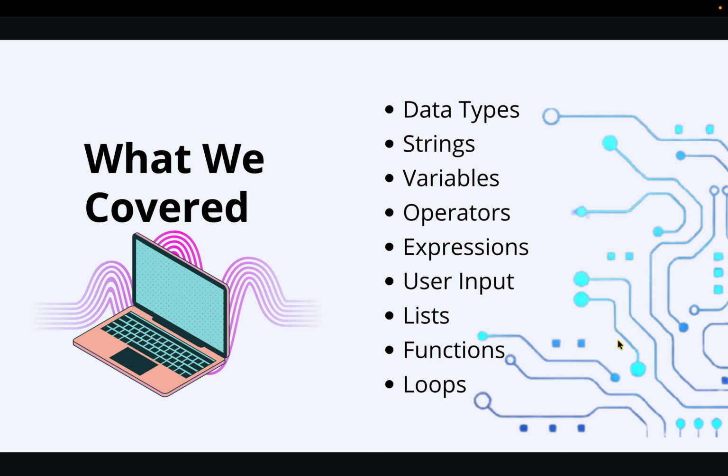So overall, what did we cover today? We covered our data types: strings, variables, operators, expressions, user input, lists, functions, and loops. Now these are all common things that you need to know if you wanted to get into Python. Again, we're not deep diving into Python.